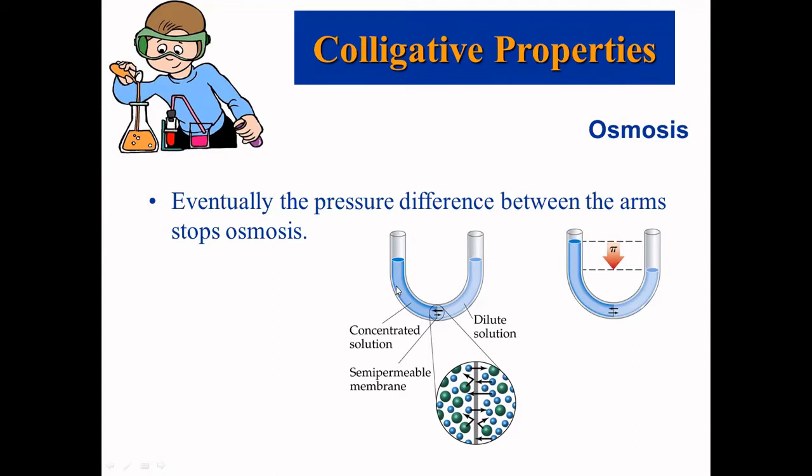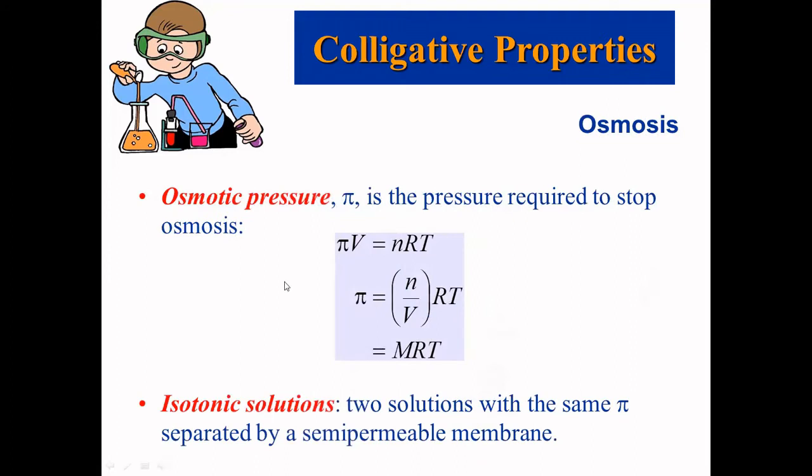Now, the thing that enables, by the way, the transfer of the solvent from the less concentrated region to the more concentrated region is what we call the osmotic pressure. Okay? Osmotic pressure represented by pi. So the symbol of the osmotic pressure is pi. And actually, its formula is patterned from the ideal gas law. See this? P, V, and RT. So the pi here is the pressure.